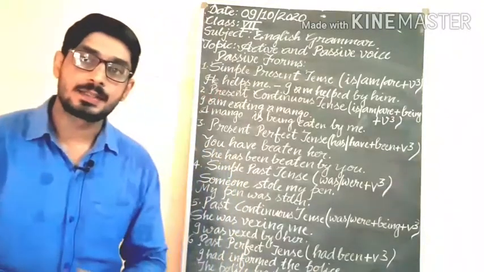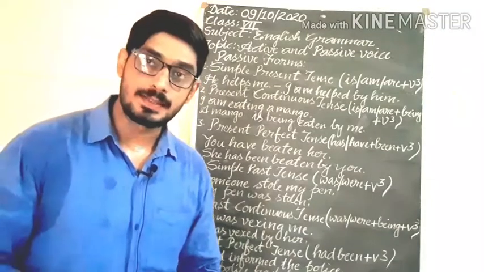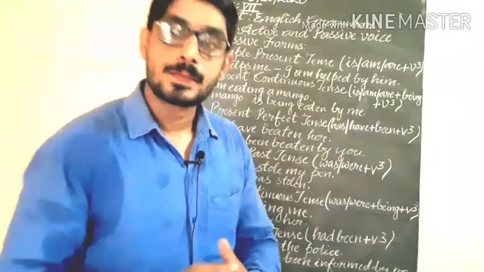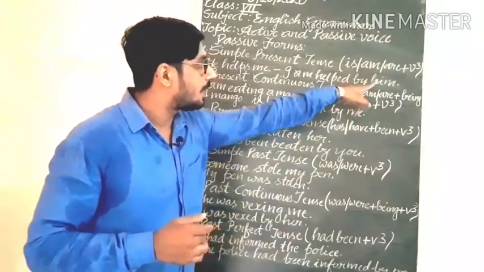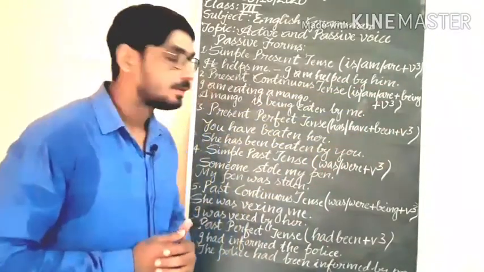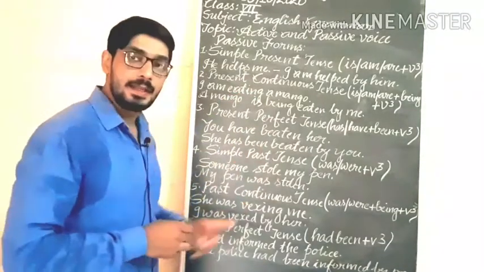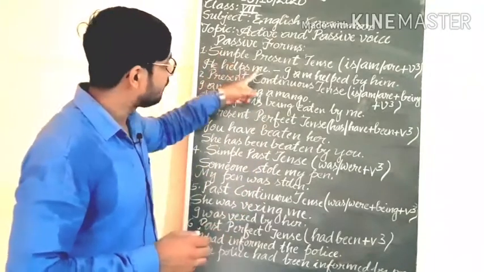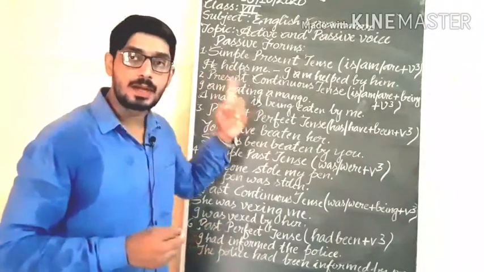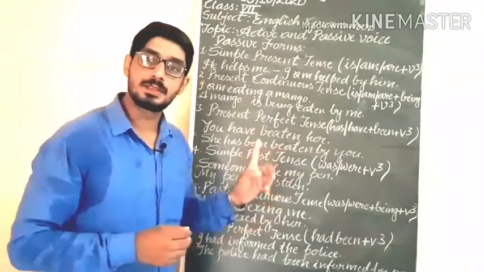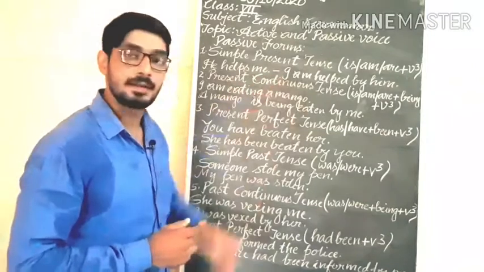Dear students, now we will learn how to change active voice sentences in different tenses. In simple present tense, in passive form we use is, am, are plus verb third form. Look at the examples. He helps me. Here he is the subject in active voice and me is the object. The subject of active voice will be the object in passive voice, and the object of active voice will be the subject in passive voice.